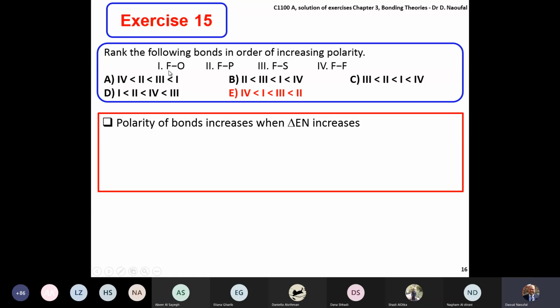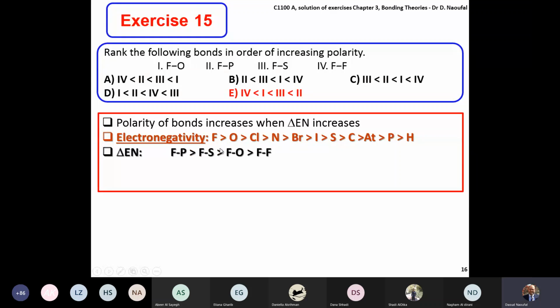So we have to study the differences for FO, FP, FS. We use directly the rule of electronegativity. The difference of electronegativity between F and P is greater than F and S, which is greater than F and O, which is greater than FF.